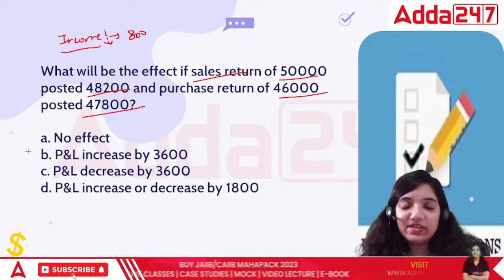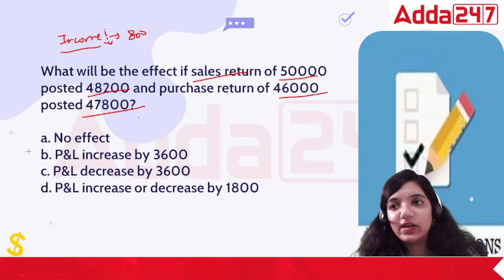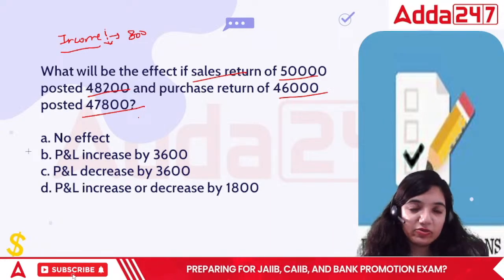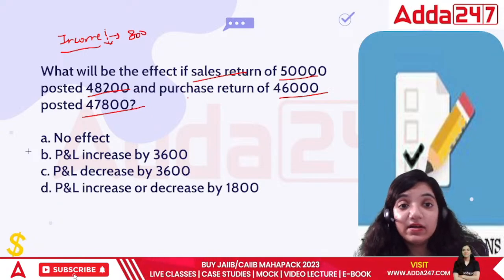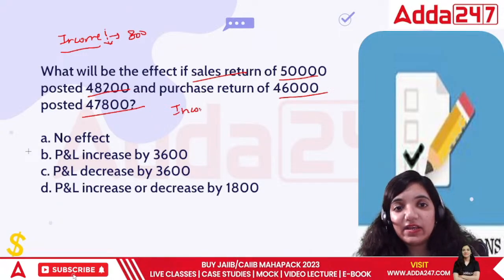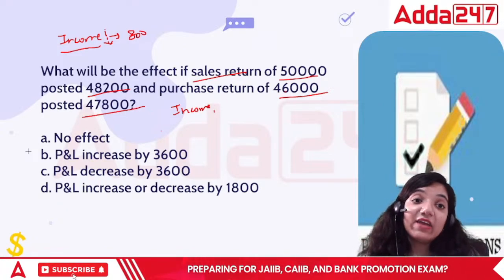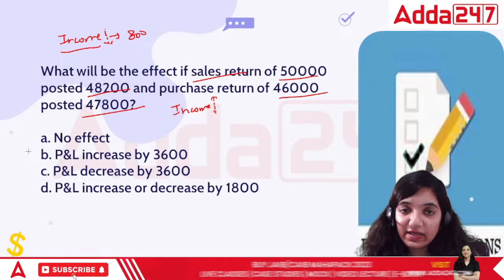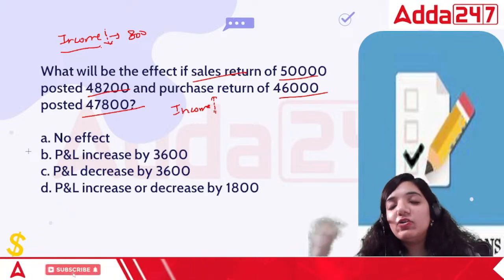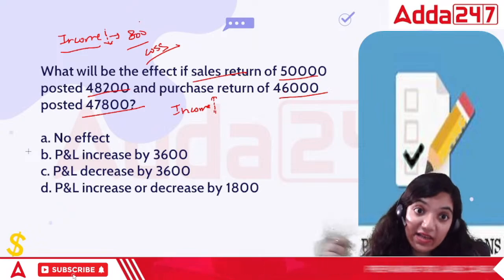as 47,800. In this case, what I did is I have returned goods. That means I have to get the money back from them. So in this case I will have an income of 46,000, but I have posted it more. In the first case I have shown less income, and the loss has been noted less.